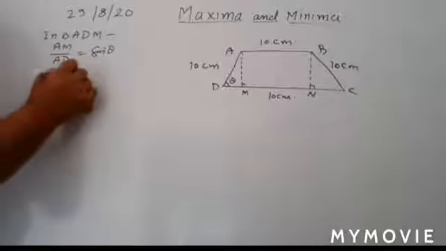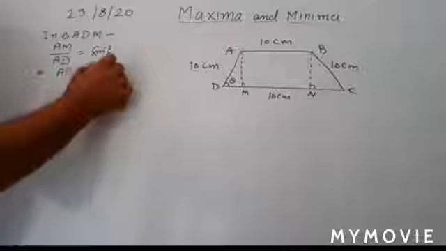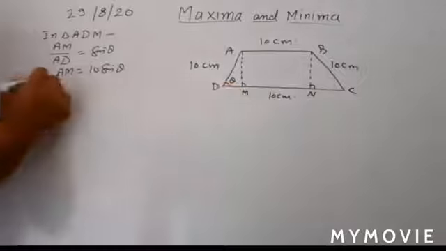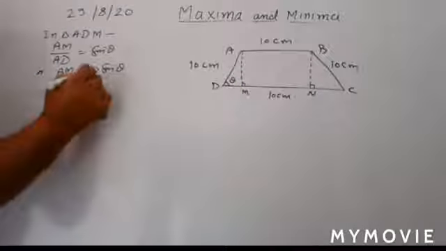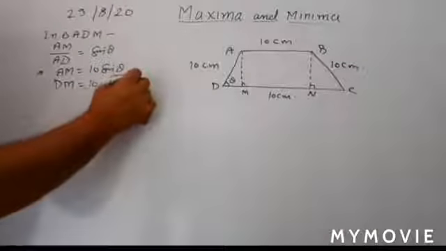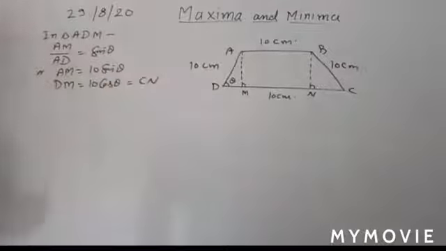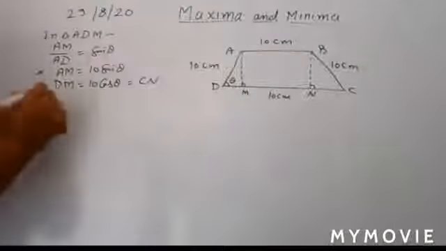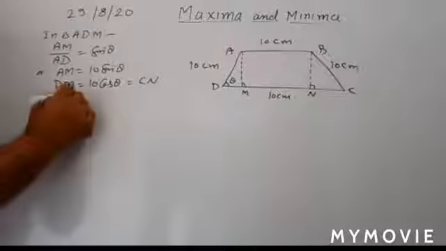So AM is equal to 10 sine theta. In the same way, you find DM. DM is equal to 10 cos theta and is also equal to CN. In this way, you can very easily find the length of DC.